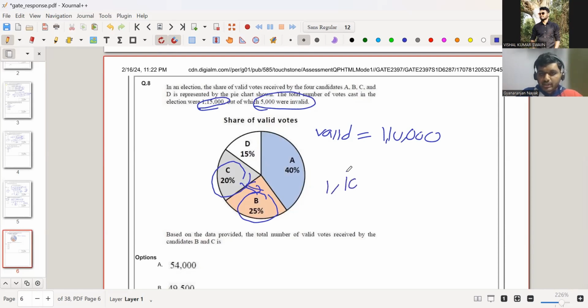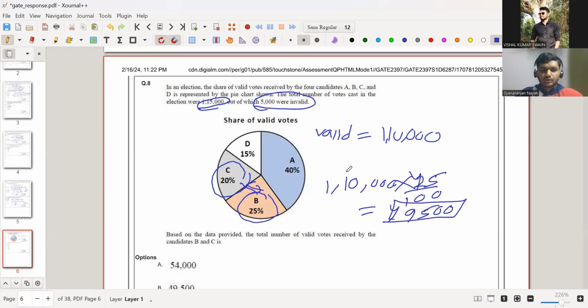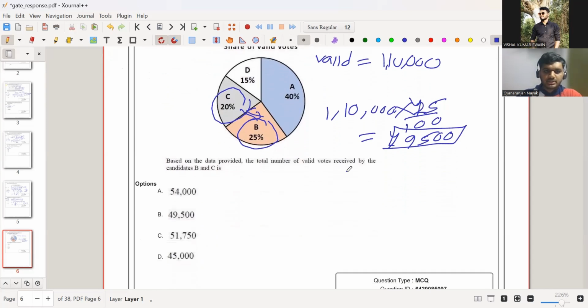So the valid votes are 45 by 100 of 1,10,000, that is 49500. So here you notice the answer is B, that is 49500.